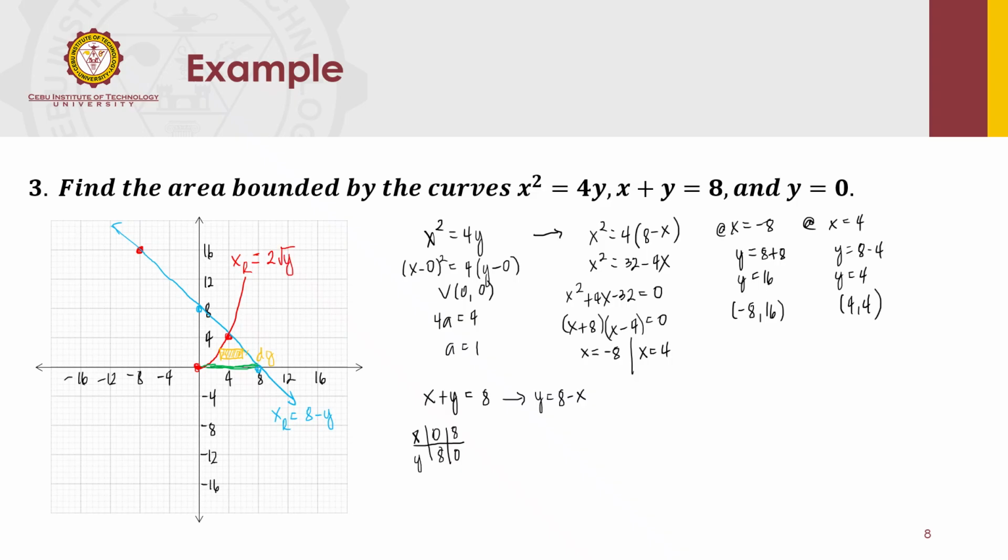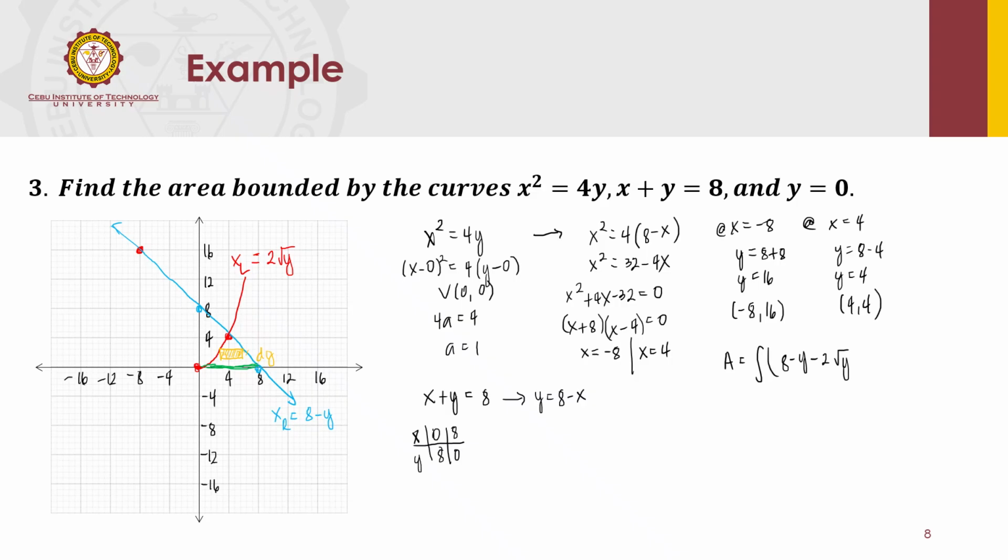So these are the curves that we're going to use in finding the area. So now find the area. Integral of, sorry, the red one is left, not right. So let me correct that. This should be x sub L. So right minus left: 8 minus y minus 2 square root of y, or y to the power of 1 half.